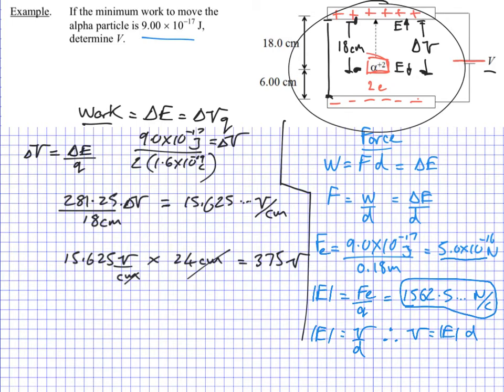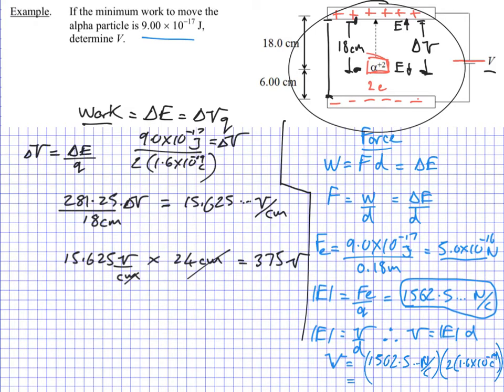And now all I have to do is make sure that I put my total distance between, which is going to be 24 centimeters. So I'm going to say that the voltage across the parallel plates is, well, it's going to be the uniform electric field, 1562.5 something newtons per coulomb, multiplied by 2 times the elementary charge, so 1.6 times 10 to the negative 19 coulombs.